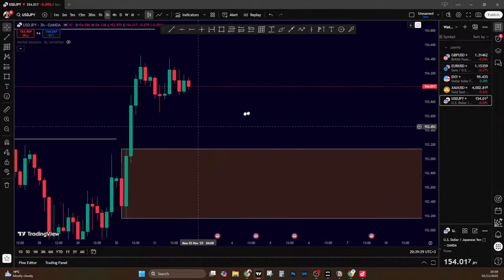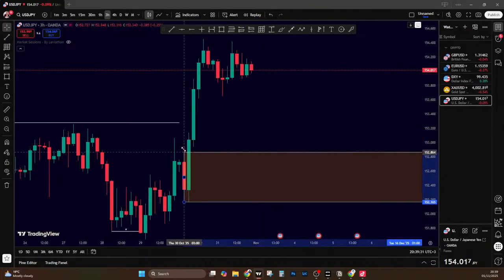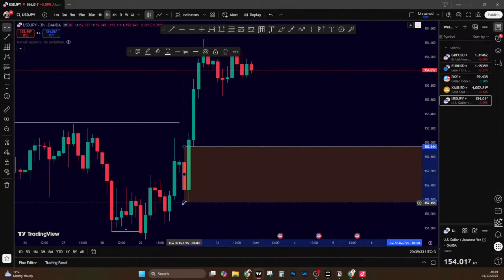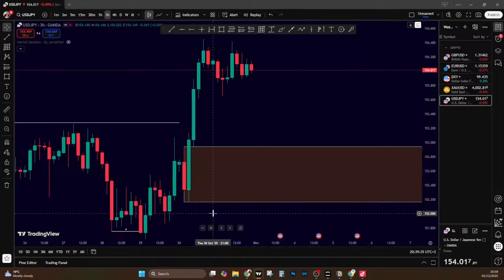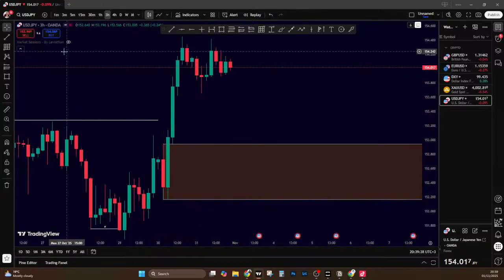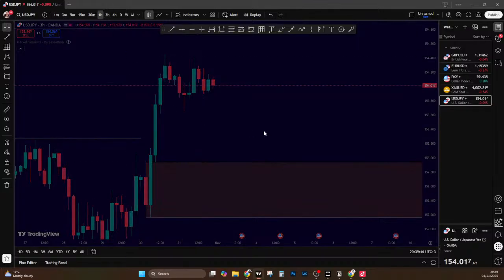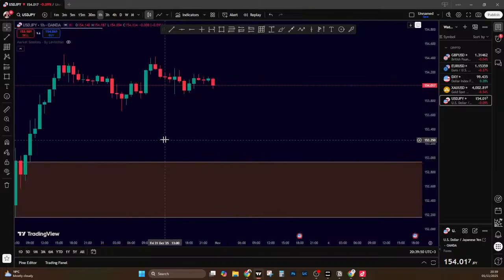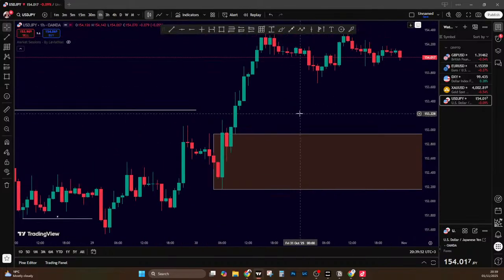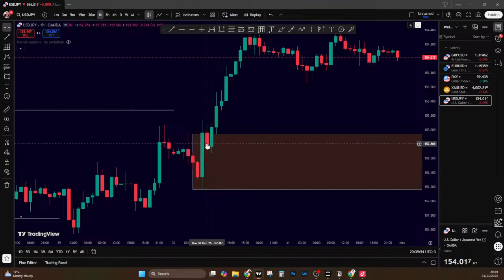We can try to refine. You see, there is another block here. And there is FVG and liquidity below. That means the market will come back to this area. So we have this one and this one.